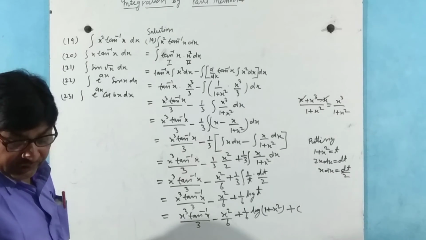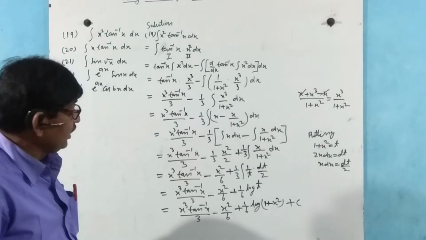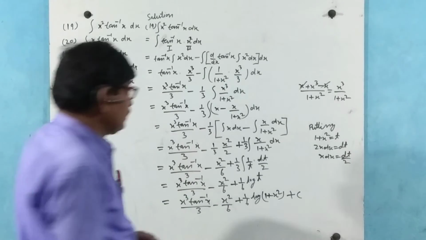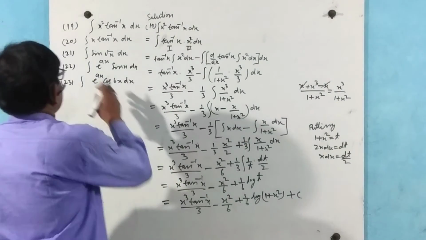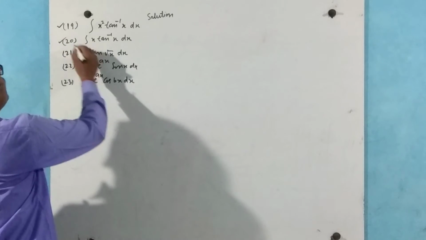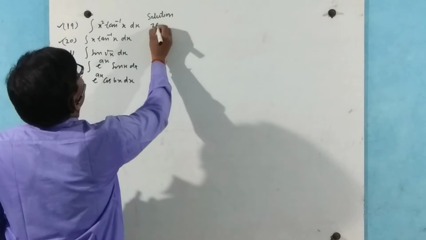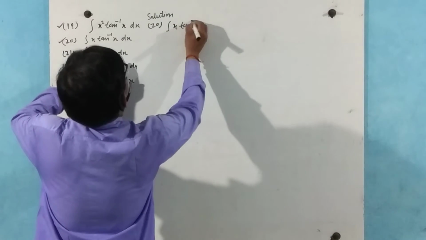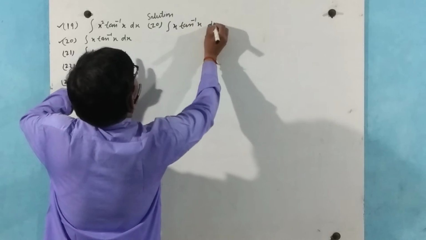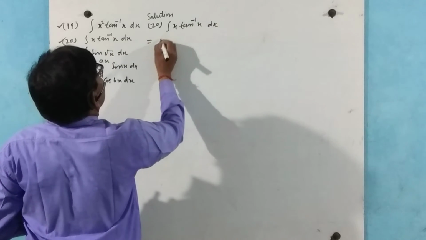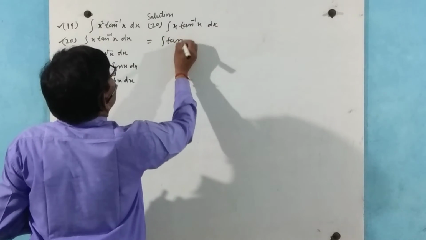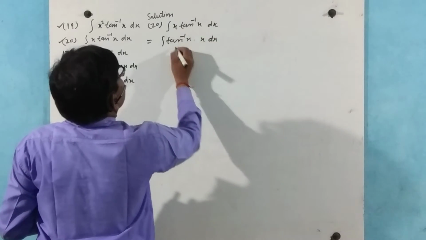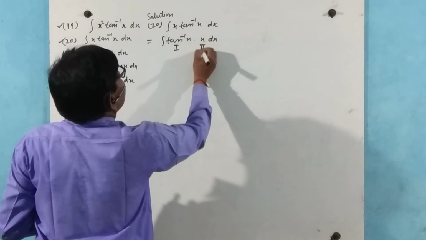Now we take another example. Question number 20: the integration of x tan inverse x dx. This can be written as the integration of tan inverse x into x dx. This is the first term and this is the second term.